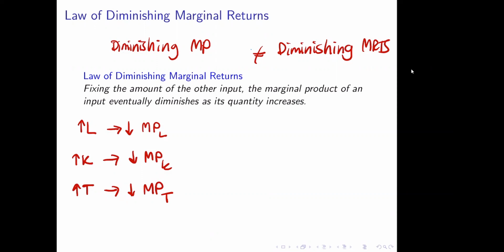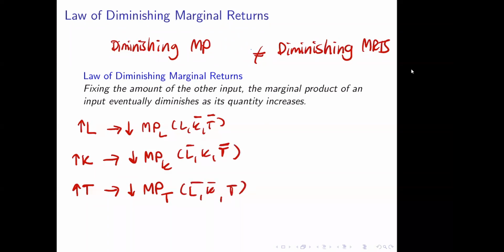Let's say the inputs are L, K, and T. For one of them, the other two are held constant: for this one, L and T must be held constant; for this one, L and K must be held constant, and so on. If you have 10 inputs, you can extend it the same way to more than two inputs.